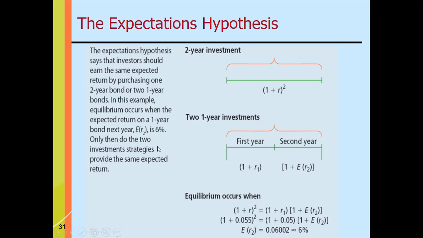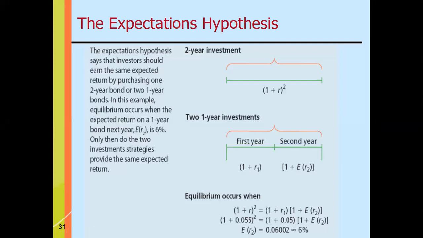And how is that obtained for the expected return for the second year? Of course, for a 2 year investment using the power of compounding, that is 1 plus r to the power of 2 for 2 years, whereas for the two 1 year investments, for the second one, we have two investments in which the rates would be good for just 1 year.